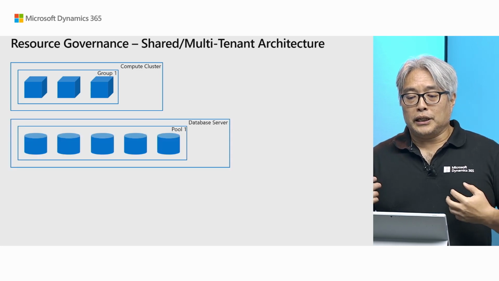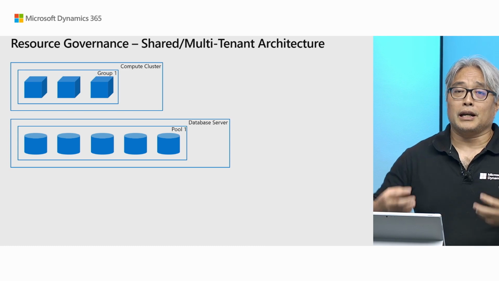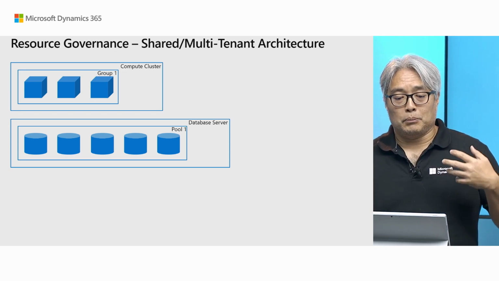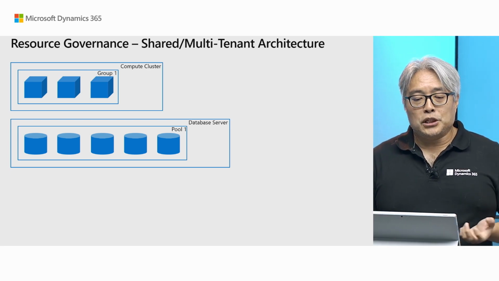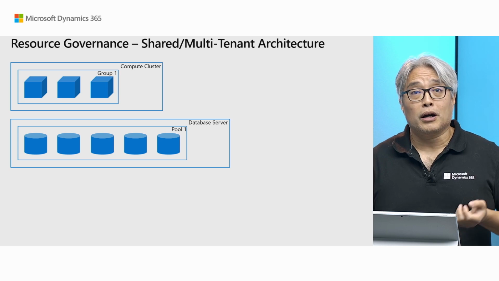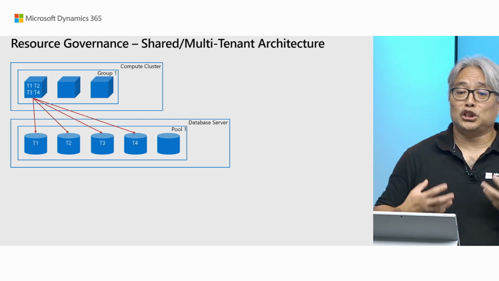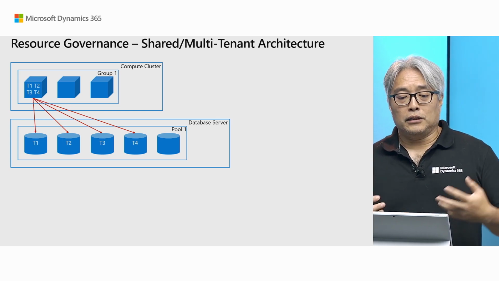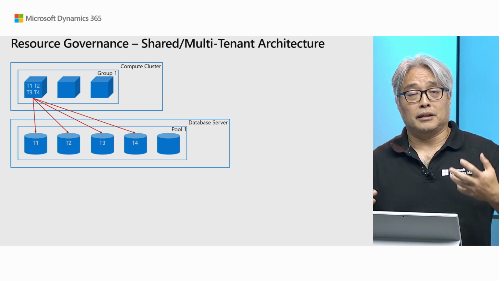On the storage layer, we have a database server where inside the server you can have multiple pools, which are resources shared by separate tenant databases. Imagine you have four environments, T1, T2, T3, and T4, sharing the same host resources, and they connect to separate tenant databases in the database layer.